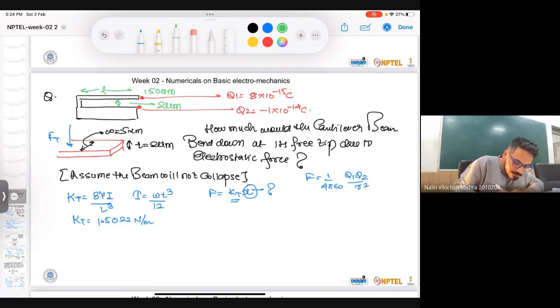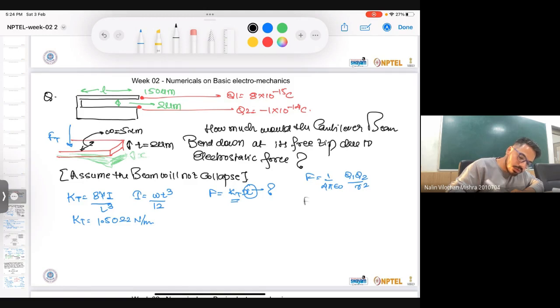This beam will bend like this, and there will be a deflection x.